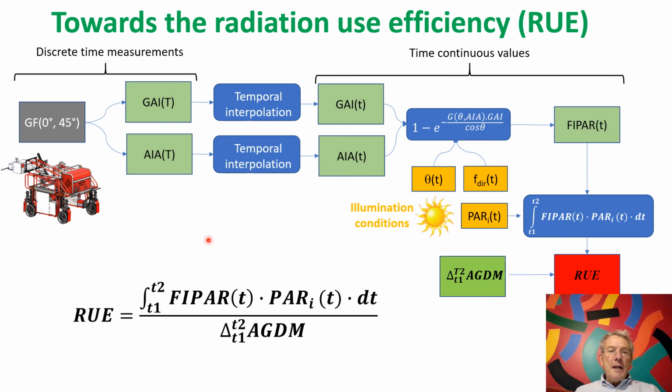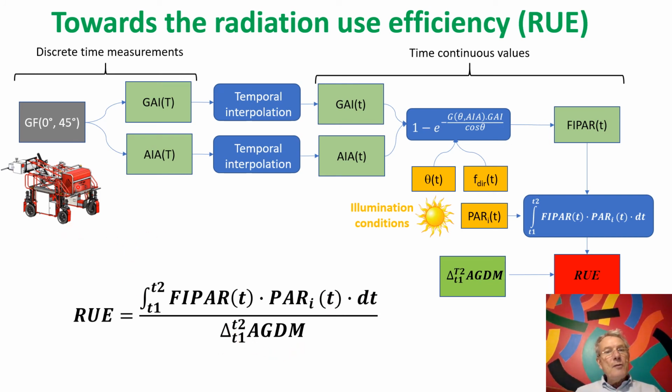So if we recap, how can we estimate the fraction of intercepted radiation and then estimate the radiation use efficiency? The radiation use efficiency can be, as I said earlier, estimated by computing the ratio between the total amount of radiation that is intercepted by the canopy during a period divided by the biomass accumulated during this period.